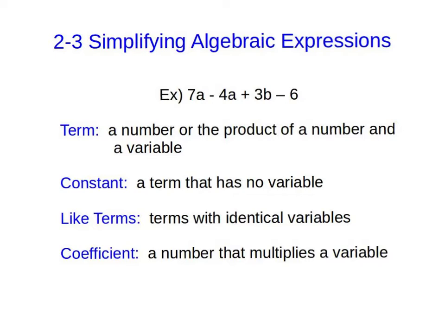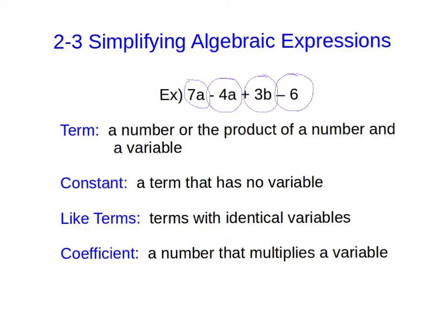Our first term in our expression is 7a. Our second term is negative 4a. Remember, when we have a term that is being subtracted, that minus sign is another way of saying that it is negative. Our third term is positive 3b, and our fourth term is negative 6.